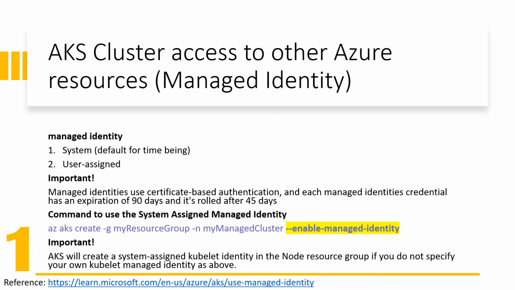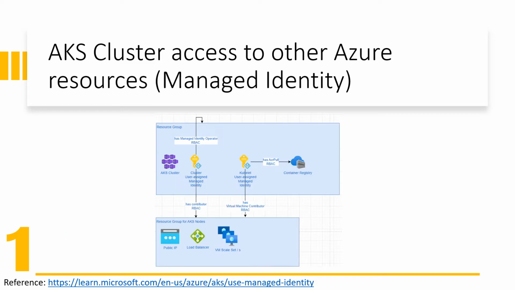In this case, a system managed identity will be used. It's important to know AKS will create a system assigned kubelet identity in the node resource group if you do not specify your own kubelet managed identity as above. In the previous video, I mentioned kubelet.